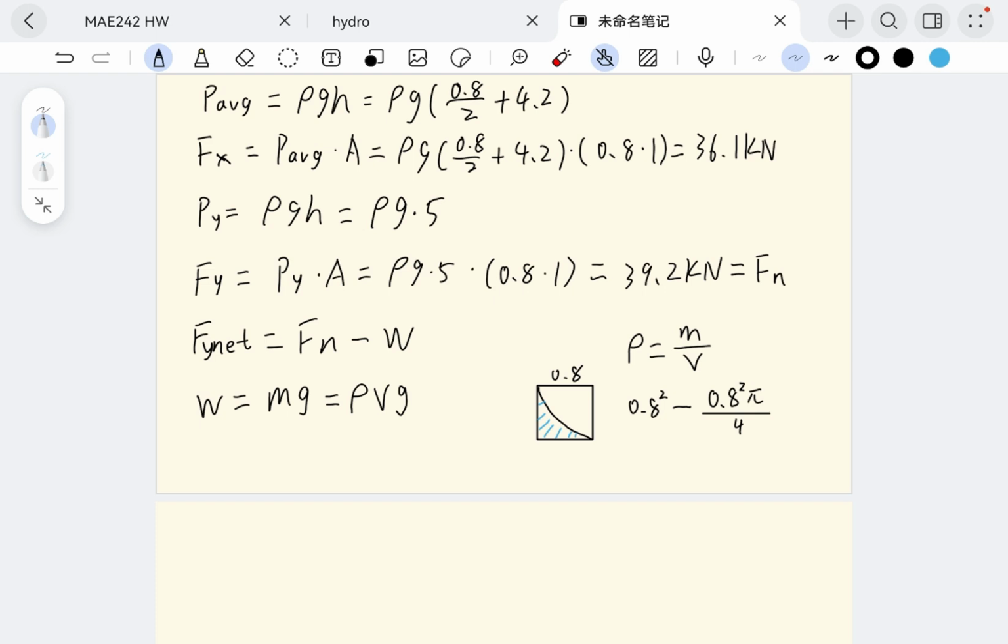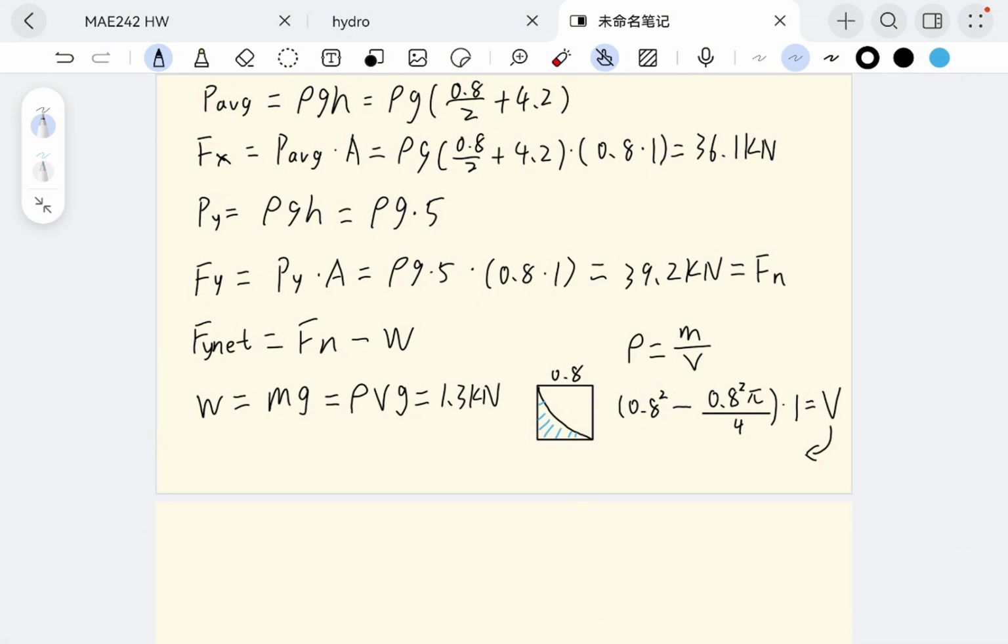So this will be the area of the water. If we multiply that by 1 meter deep into the page, this would be the volume of the water. And we're going to plug that into the equation. We'll be able to find that equal to 1.3 kilonewtons.